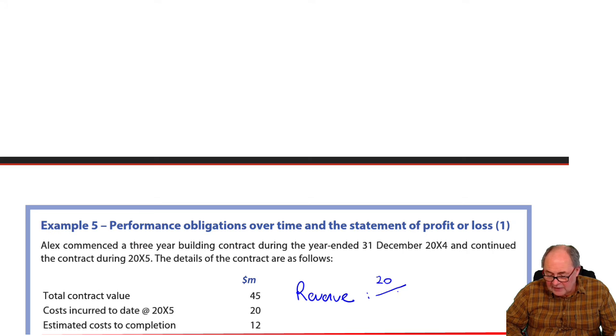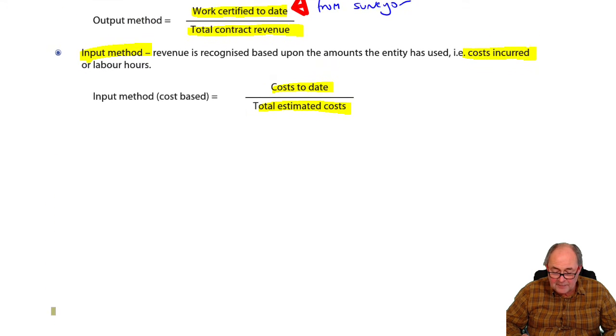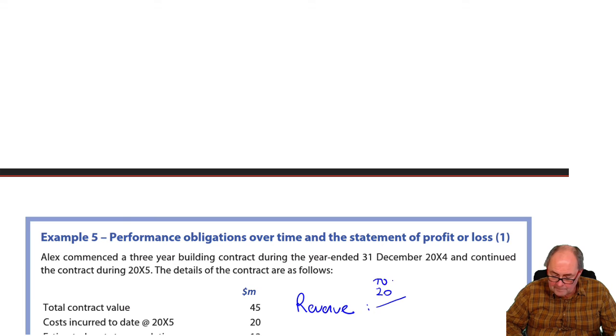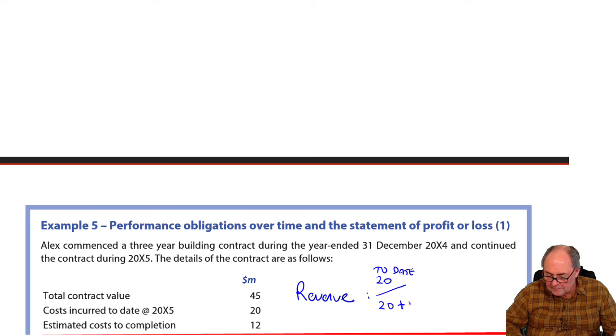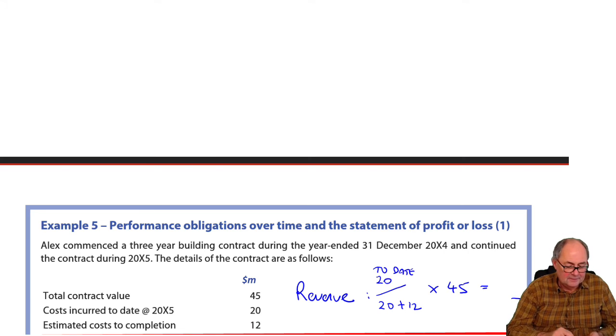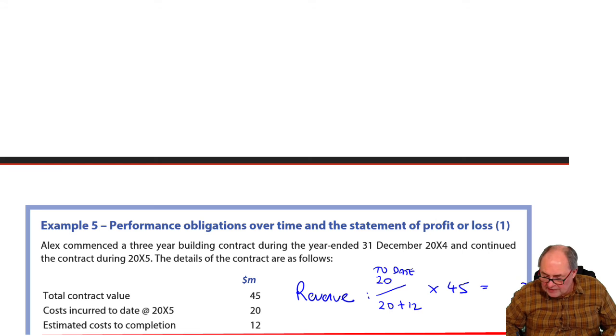So I've incurred 20 to date. The total costs are 20 plus 12. That's 32. 20 over 32 times 45 would give me, I think, revenue, if I round it, of 28. So that would be the revenue that would have been booked to date, just over a period of time.